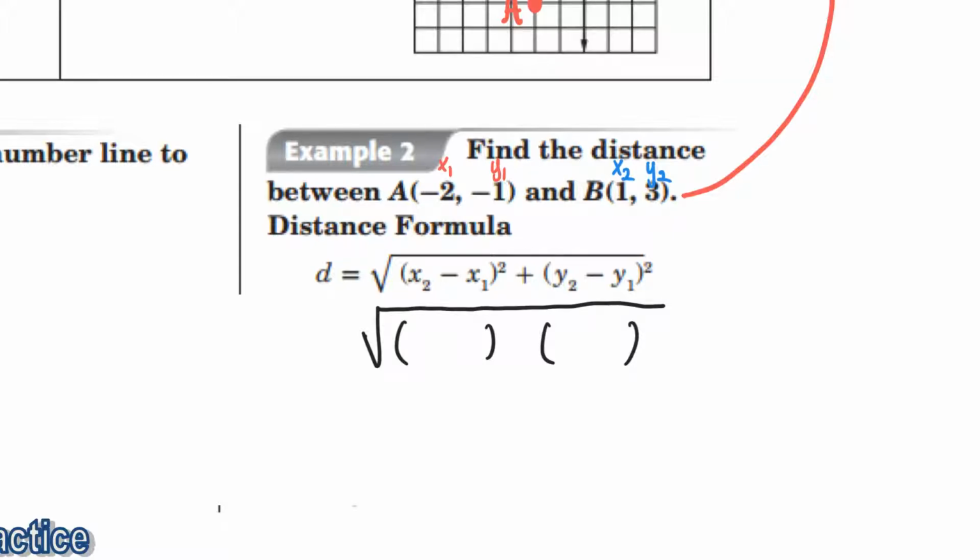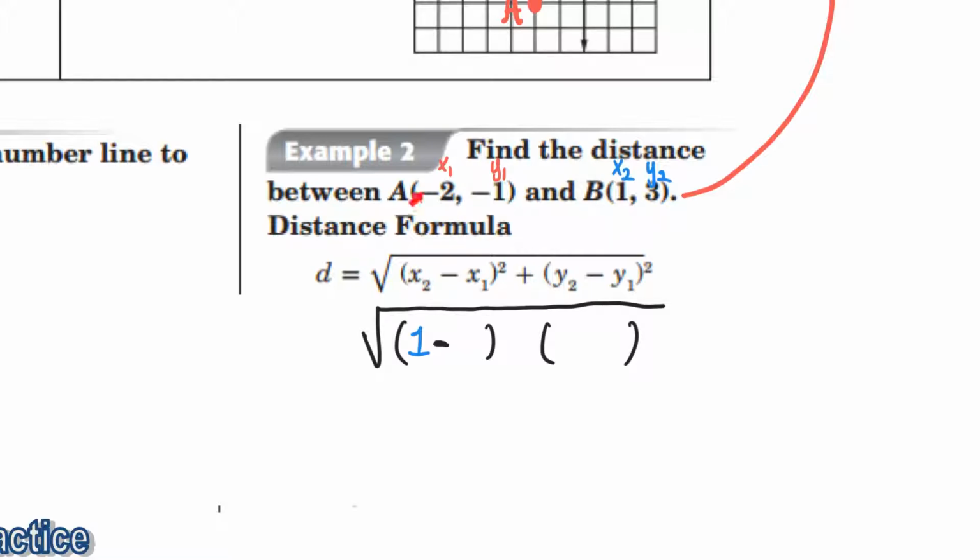All right. So the first thing that goes in here is my x2 value. What is my x2 value? 1. Right here. Okay, my x2 is 1. Now notice there's a minus built in, so I always put a minus. It doesn't matter what else, I'll always put a minus right there. And what's my x1 value?